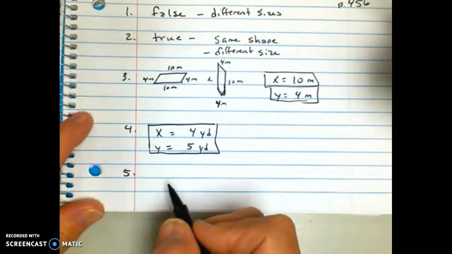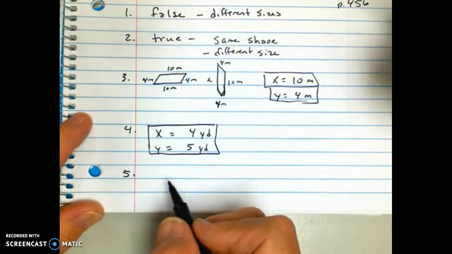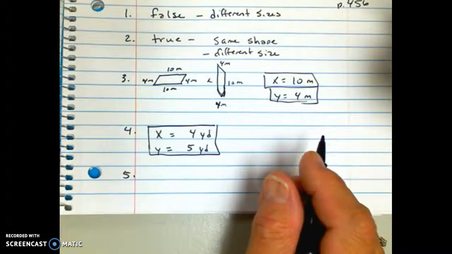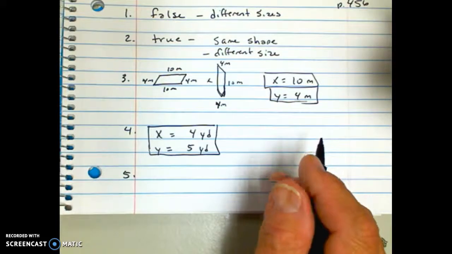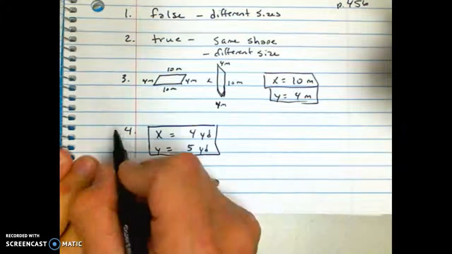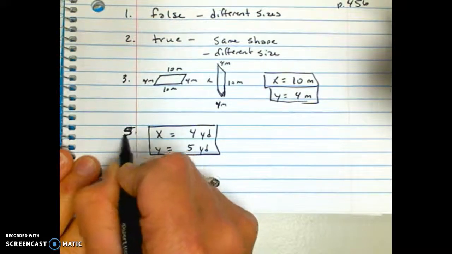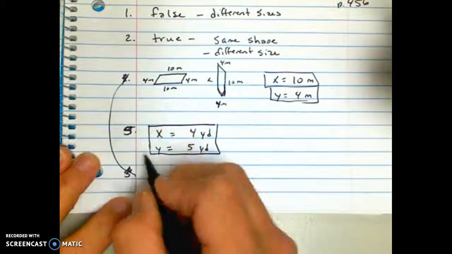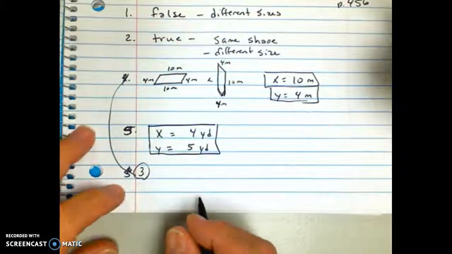Number 5, we have... actually I think I skipped one. So actually this is number 5, and this was number 4. I skipped number 3, so I'm going to put that down here. Skip number 3.